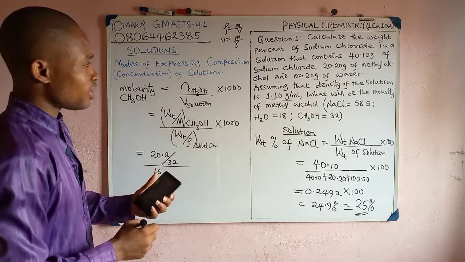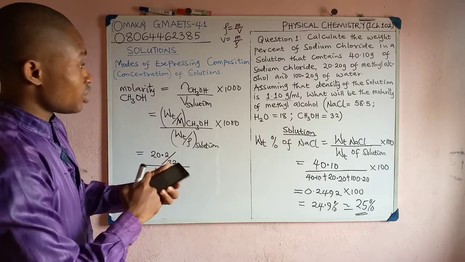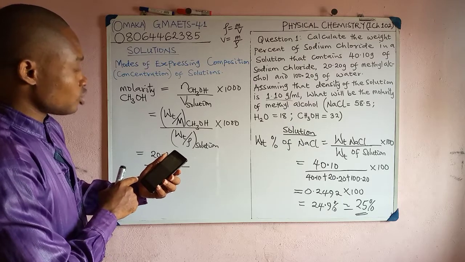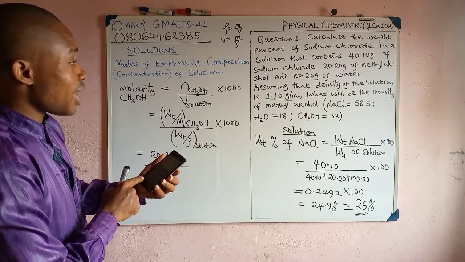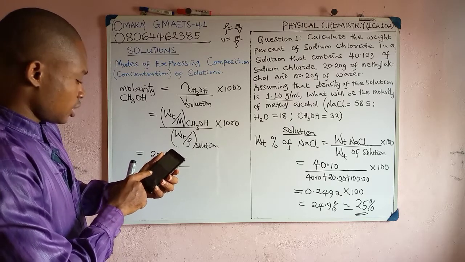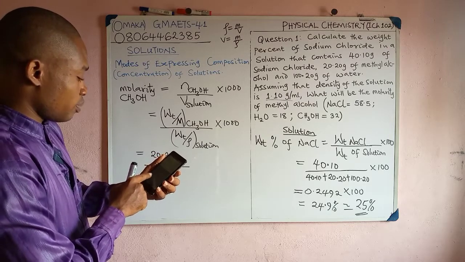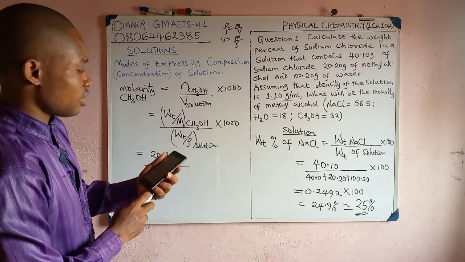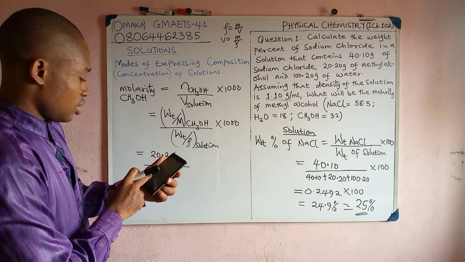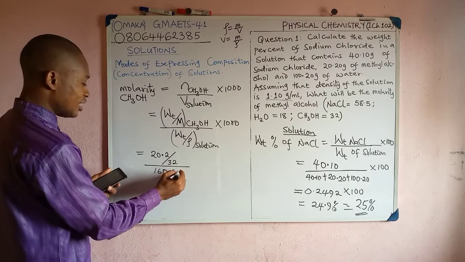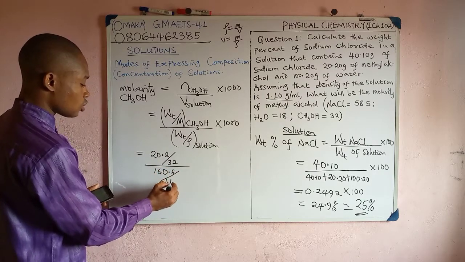Okay, let's add it up, so that we wouldn't make a mistake there. 100.2, add it up to 20.2, add it up to 40.1. It's giving us 160.5, divided by the density 1.1.